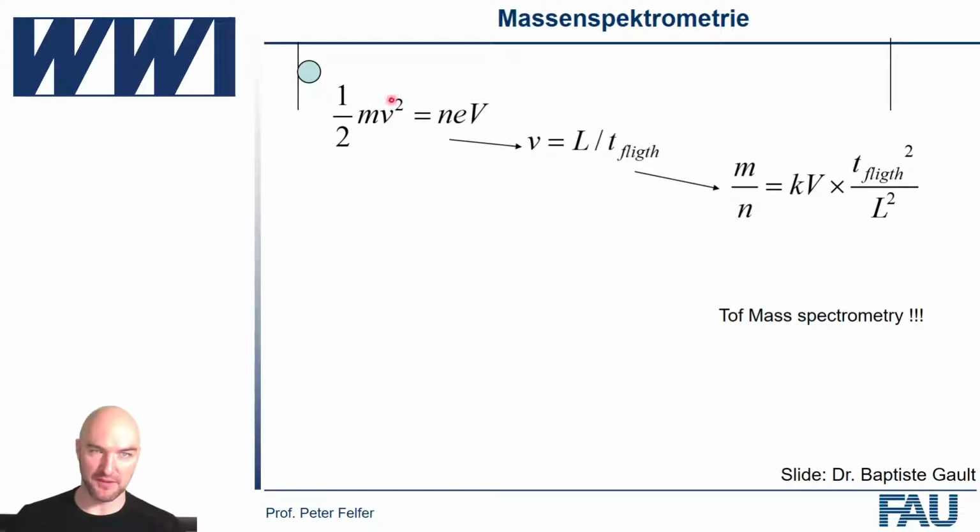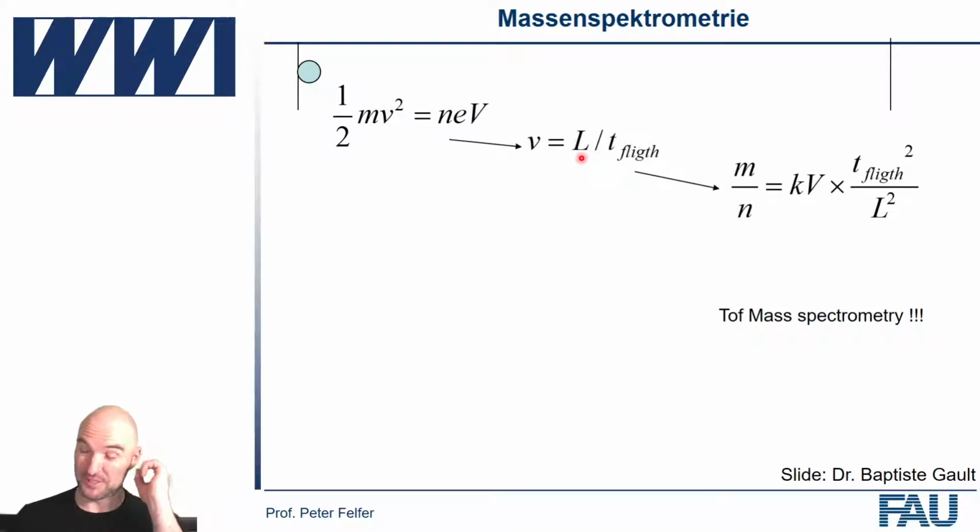And then we have the velocity, and the velocity we calculate by flight time. So this is our measurement. The flight time can actually be determined with very high accuracy. Modern detectors can do about 200 picoseconds time resolution. And the flight path length is something in your instrument that we can determine.